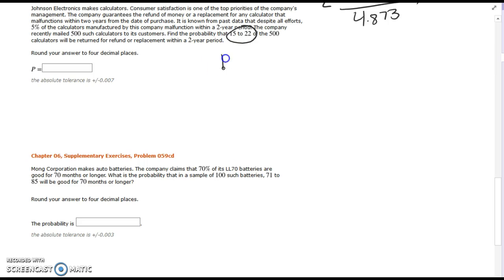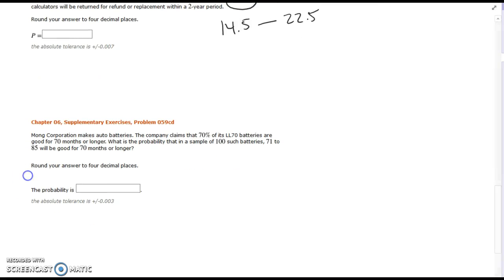So here you're going to look at 14.5 to 22.5, and then the corresponding standard normal distribution for that. Very similar, 71 to 85, you're looking at 70.5 to 85.5. Corresponding z values, and then find the area between.